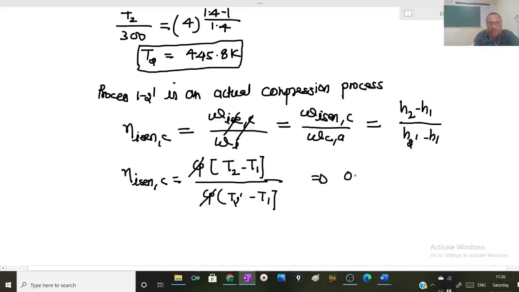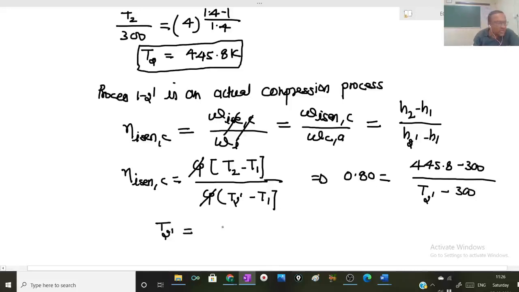I have been given the value of compressor efficiency as 80%. T2 temperature I have just calculated, 445.8. T1 is 300. T2 dash is to be calculated. From here I get the value of T2 dash as 482.24 Kelvin.